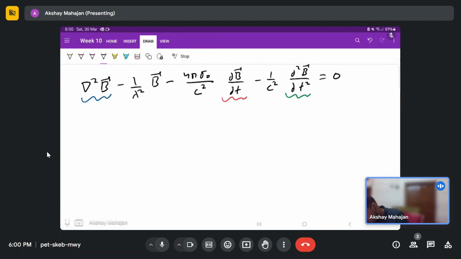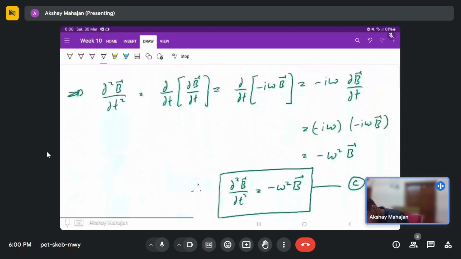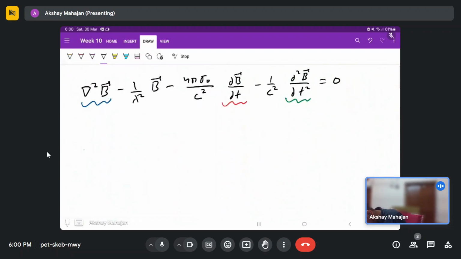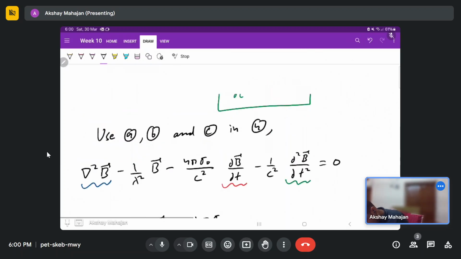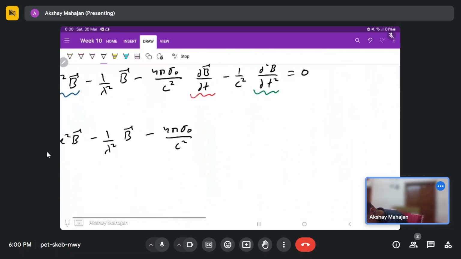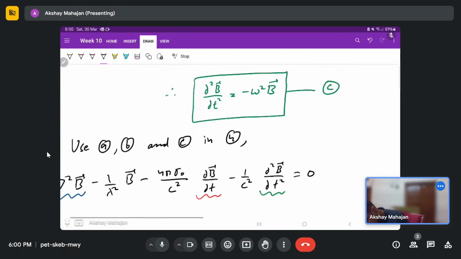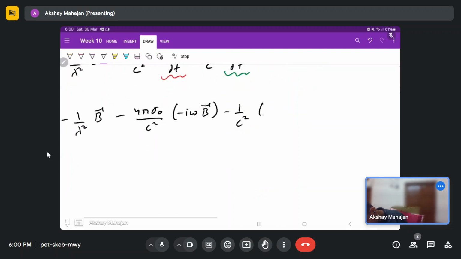Instead of del square b vector, we have minus k square times b vector, minus 1 by lambda square b vector, minus 4 pi sigma naught by c square times minus iota omega b vector, minus 1 by c square times minus omega square b vector, that will be equal to 0.